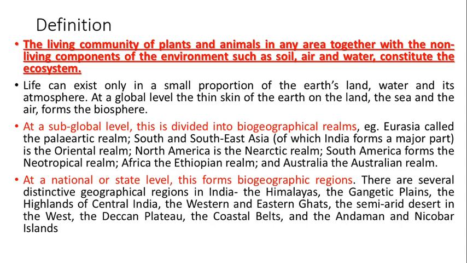Biosphere is the region in which life is there. It consists of a part of lithosphere, a part of hydrosphere, a part of atmosphere, and it also consists of the living biotic components like us.